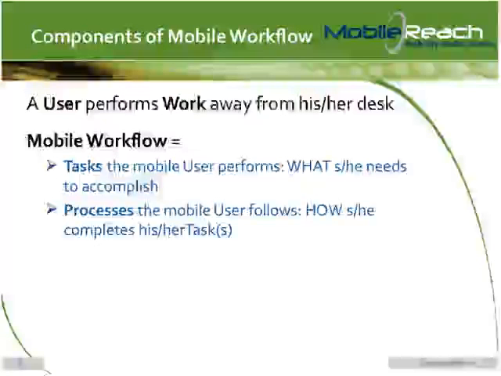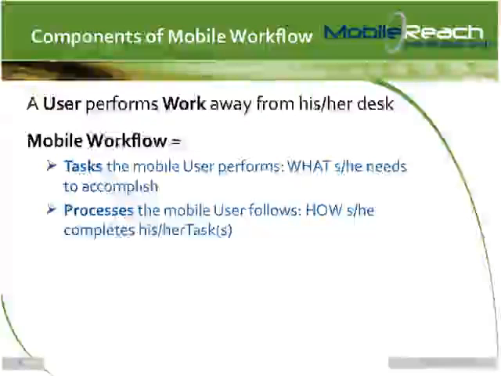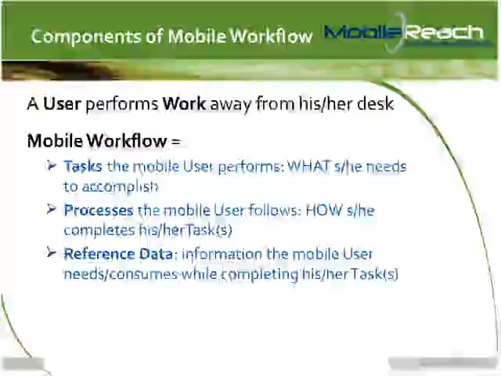So a mobile user has a task that he has to perform, which defines what it is that he wants to accomplish. And then there's a process to follow in terms of fulfilling that task. And that's step 1, step 2, step 3, how do I get this task completed? And then in terms of information, in order to do a task, the mobile user is going to need information that is owned by the organization or the environment.